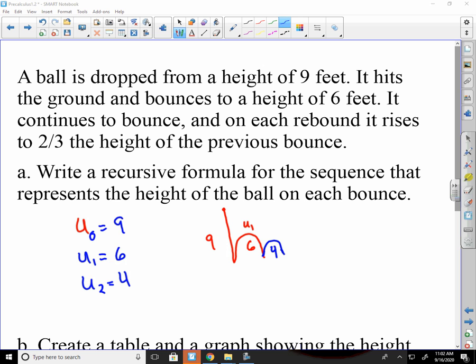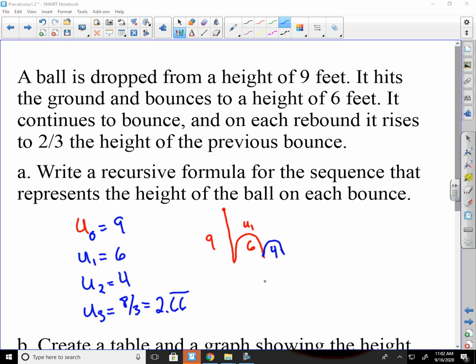If I do 2/3 of that, for u sub 3, I do 4 times 2/3. That gives me 4 times 2 is 8. 8 divided by 3 is 8/3, which is equal to about 2.66 feet, repeating.